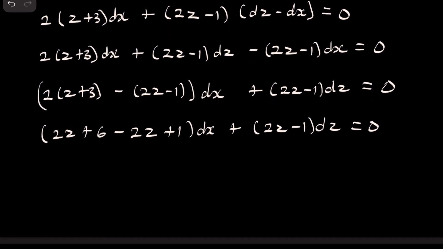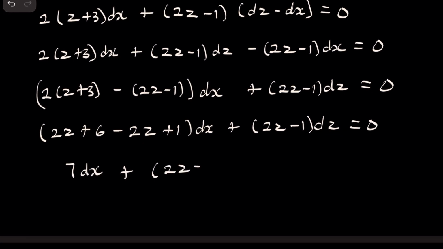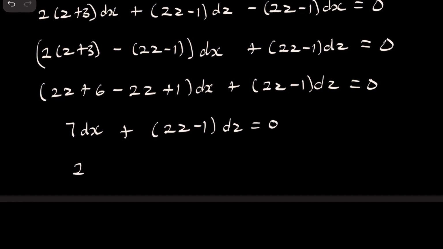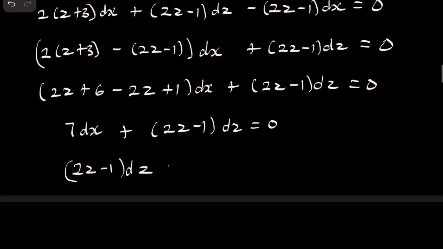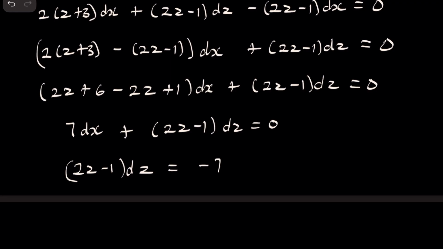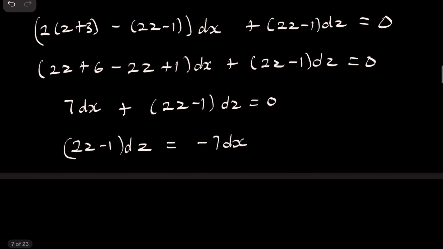Here this term will cancel this term, so you're going to be left with 6 plus 1, which is 7, so that will be 7 dx. So 7 dx plus (2z minus 1) dz is equal to 0. And so we have (2z minus 1) dz is equal to minus 7 dx.